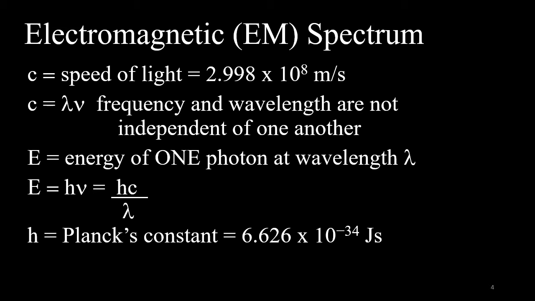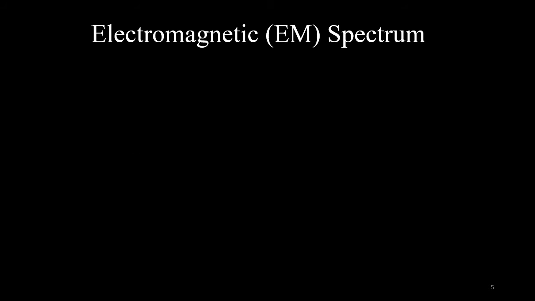If we use our speed of light formula up there, we can say E equals h nu, and it also equals h times the speed of light divided by lambda. So it's the energy of one photon with that wavelength or with that frequency. So you'll be using these formulas to calculate things later.